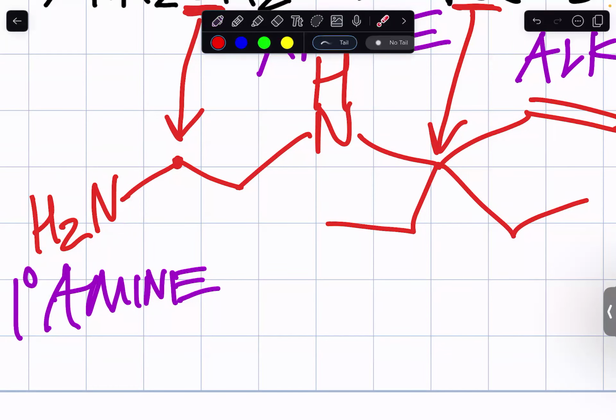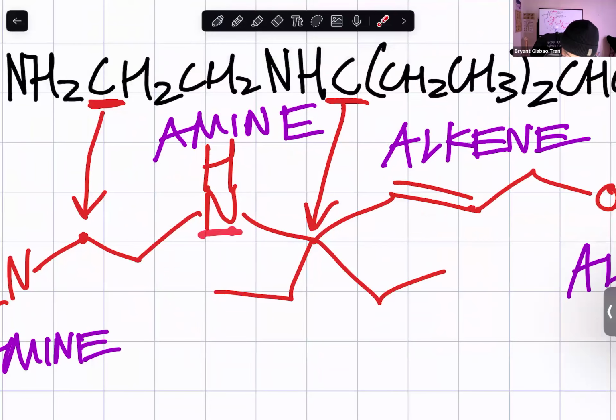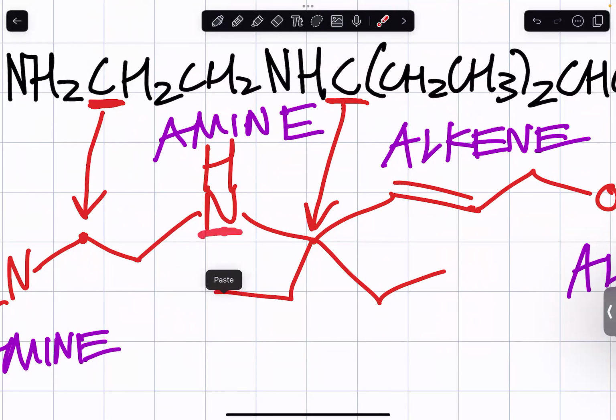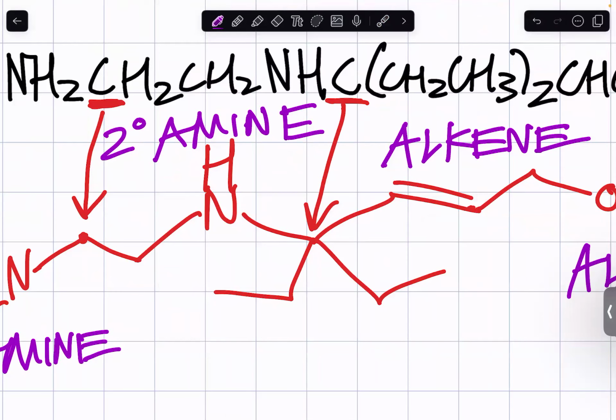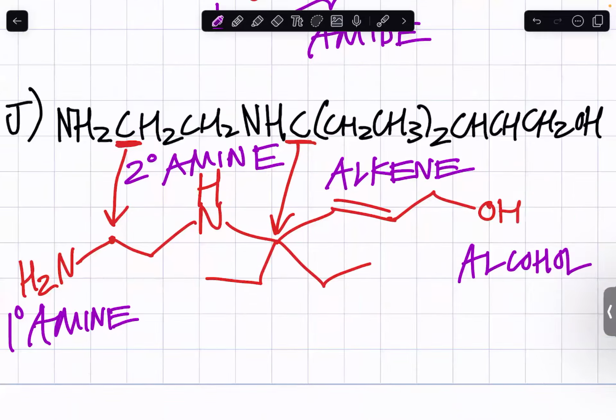And we symbolize primary with that degree symbol. How many carbons is this nitrogen attached to? Right here. 2. Yeah, 2. So we call this a secondary amine. There's also a tertiary amine, or ammonia.